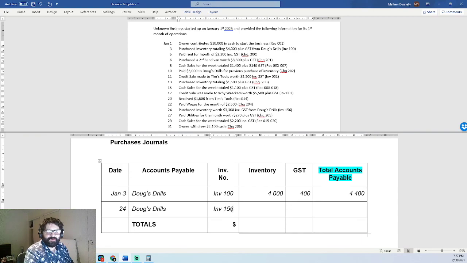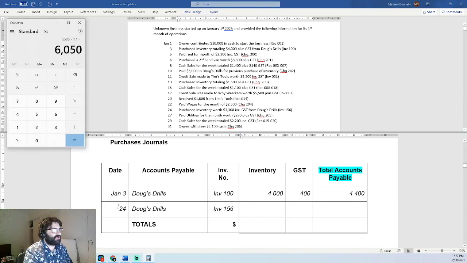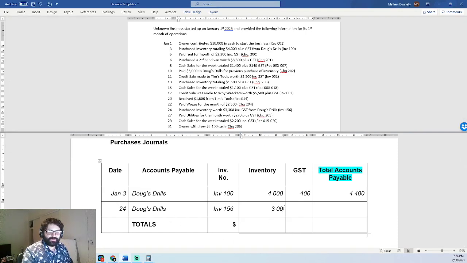Invoice 156. And it was 3,300, including GST. So let's get that out. 3,300 divided by 1.1 gives us 3,000. So we just go 3,000. 10%, 300. Add it together, 3,300. Fun fact, if it says include GST, you can just put it in the total column.